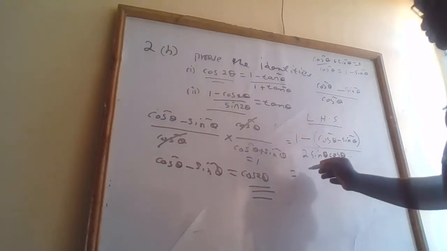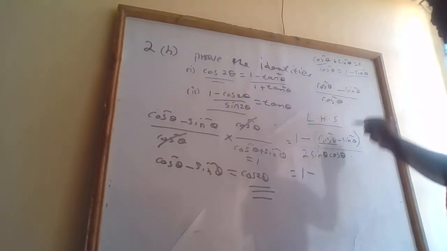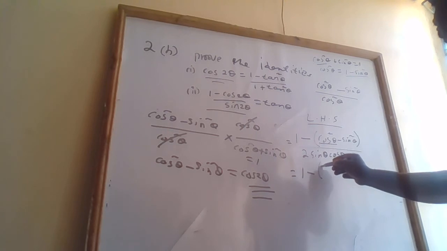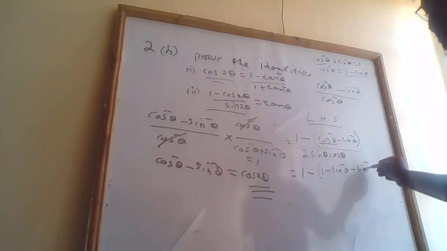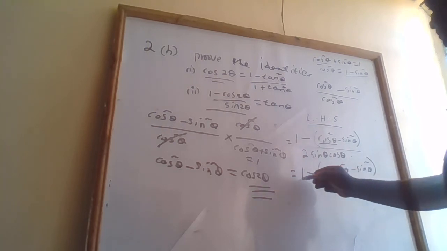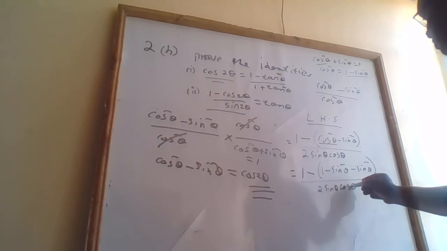So we replace this, and we have 1 minus, in brackets, 1 minus sin theta squared minus sin theta squared, then all over 2 sin theta cos theta.